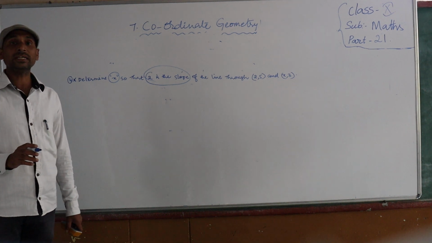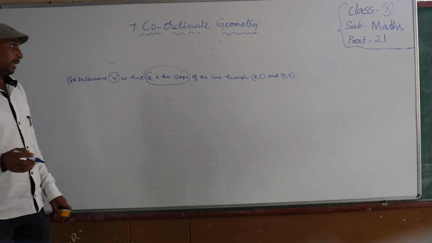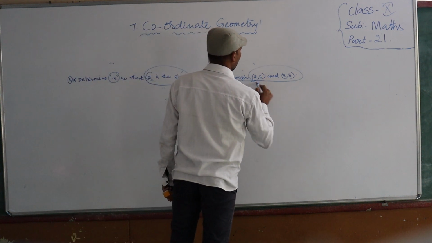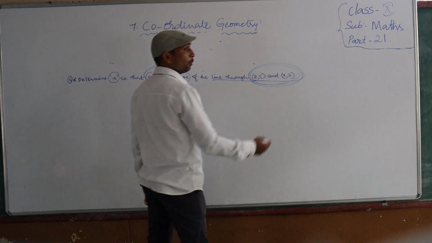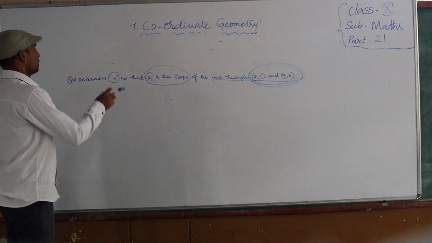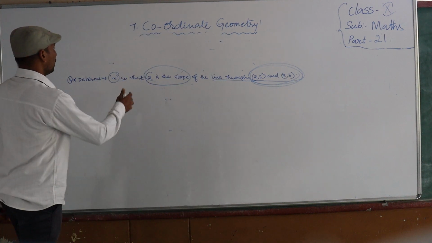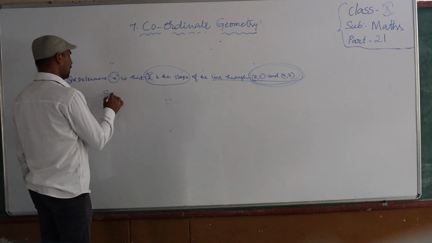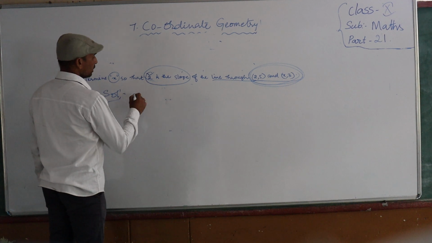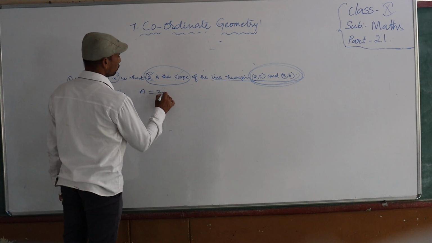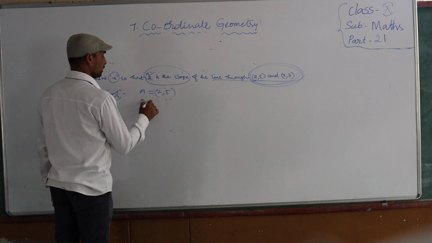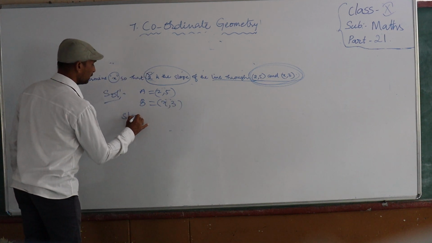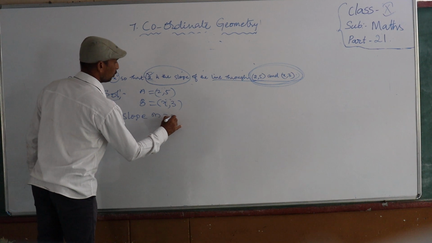According to these 2 points, if you find the slope, what will we get as the answer? Here we have to find the x value. Given points A is (2, 5), B is (x, 3), and the slope already given is m equal to 2.